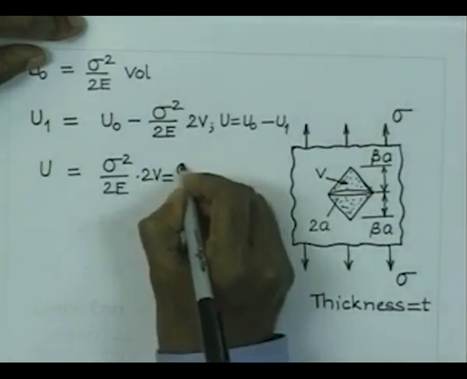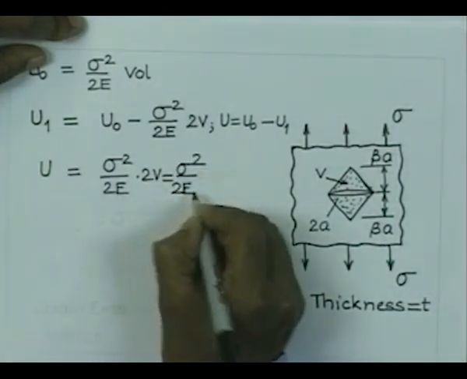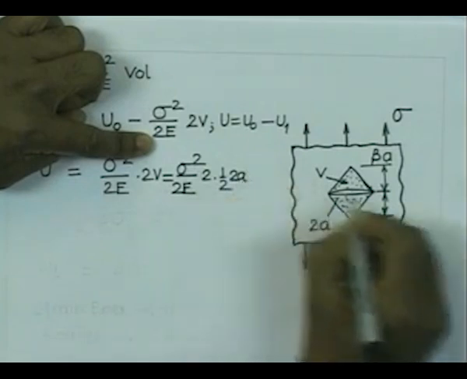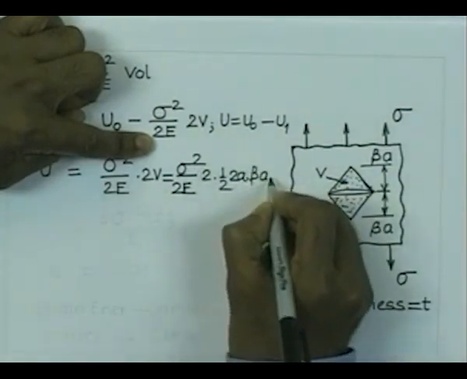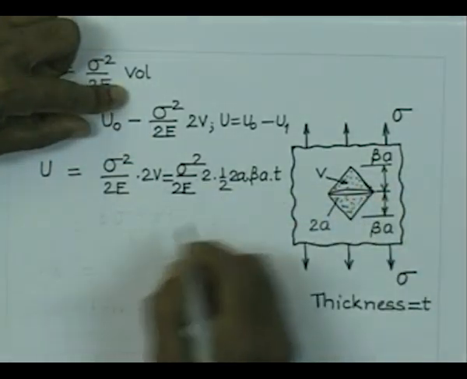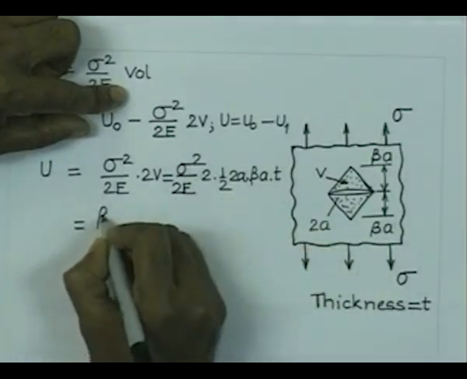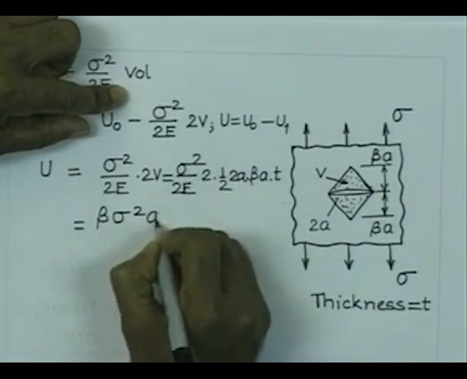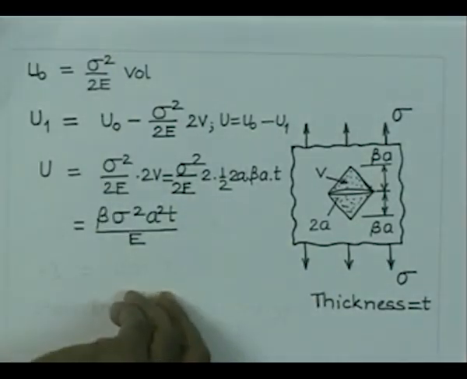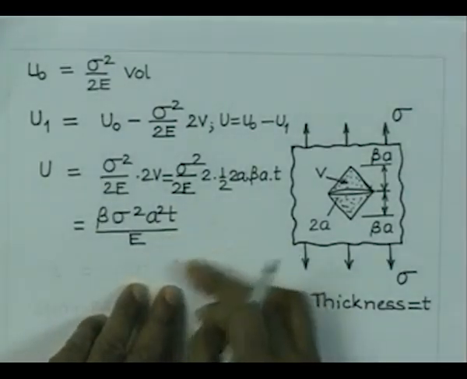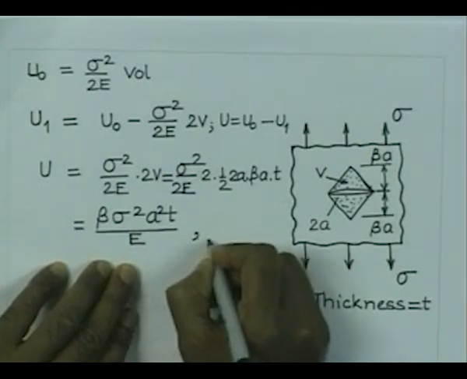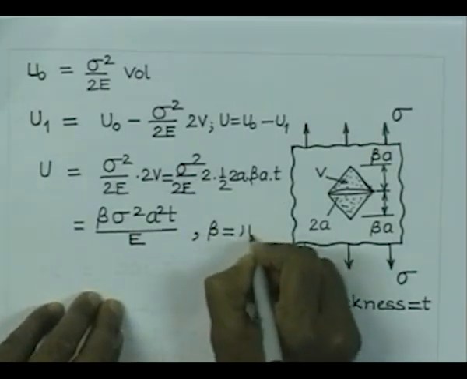We can write this as sigma square by 2E, where the volume is half times this length 2A, times this height beta A, times the thickness T. This is the volume of the triangular zone, and if you now make simplifications, it comes out to be equal to beta sigma square A square into T divided by E. So, the reduction in strain energy of the body is given by beta sigma square A square T by E. In fact, Griffith did exhaustive calculations, and from them it was shown that this beta is equal to pi.